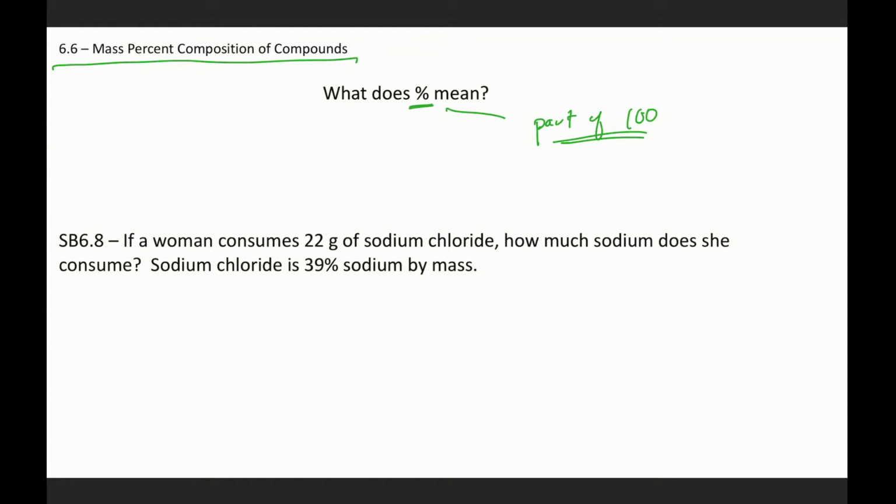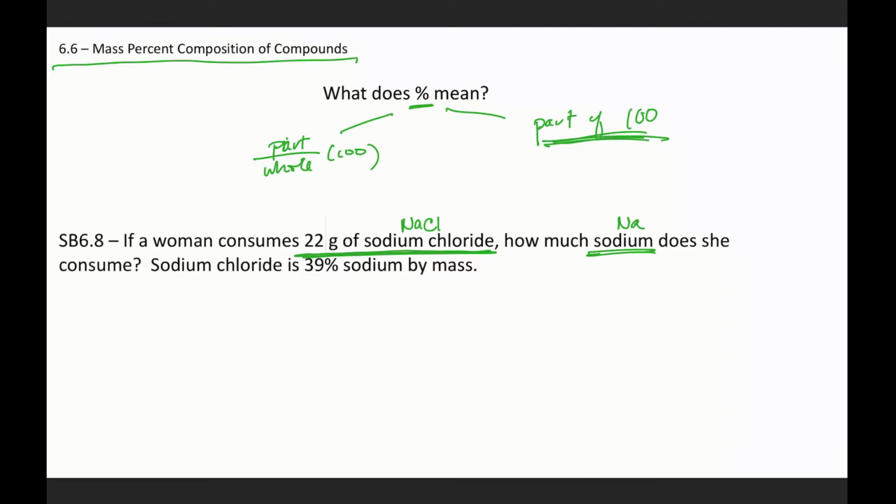But in order to calculate a percent, it's always going to be the part over the whole, times 100. Or we could say part out of 100. So if a woman consumes 22 grams of sodium chloride, and here, let's be clear, 22 grams of NaCl, how much sodium?